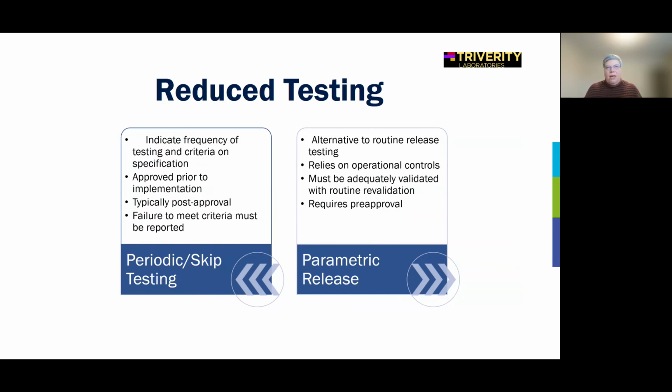Parametric release is where you're taking some operational controls that you have. A lot of times this is around sterility. So it's an alternative to release testing, and it has to be validated and then revalidated. Typically, you would revalidate annually, and this also requires pre-approval.